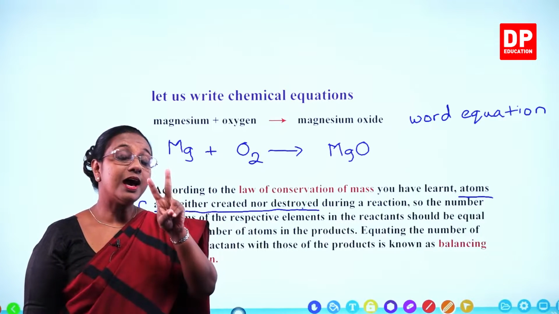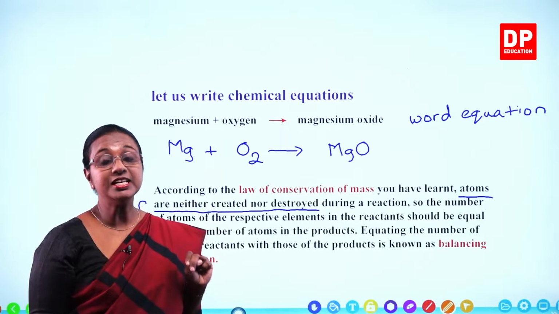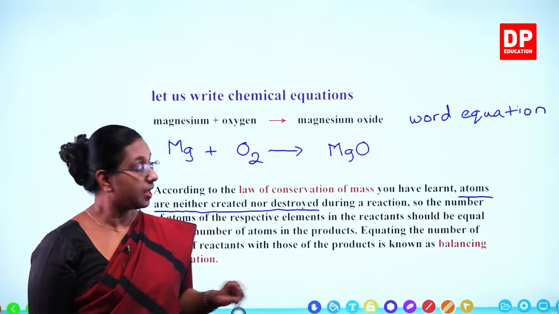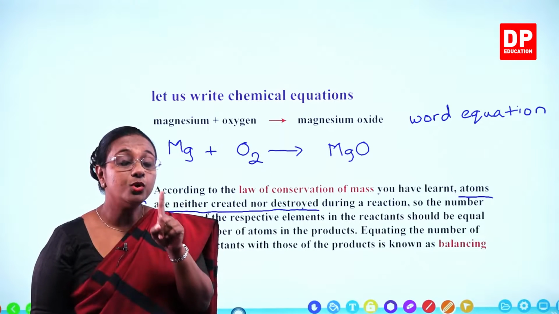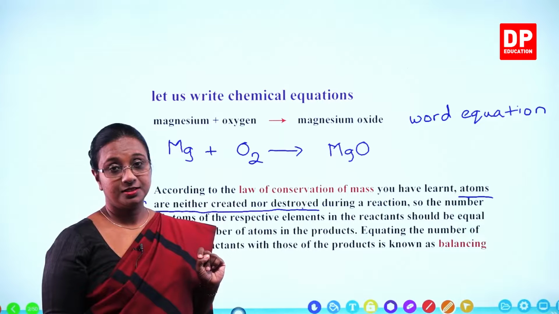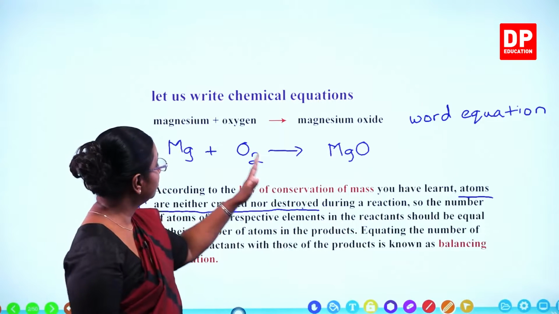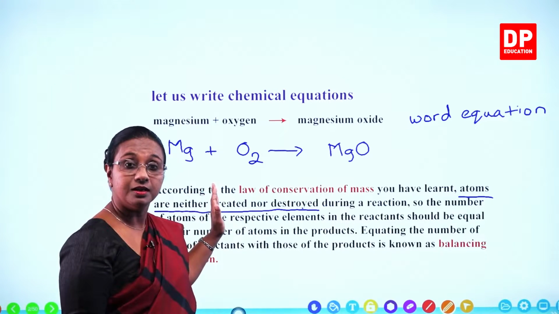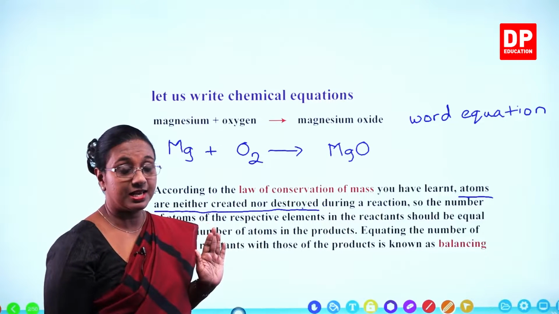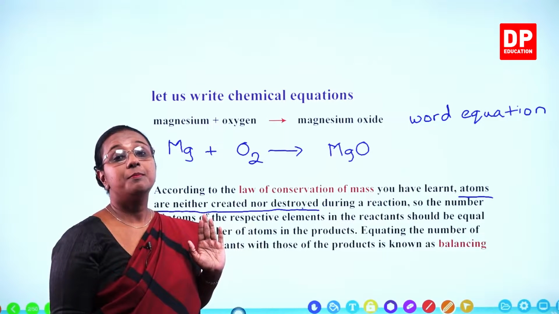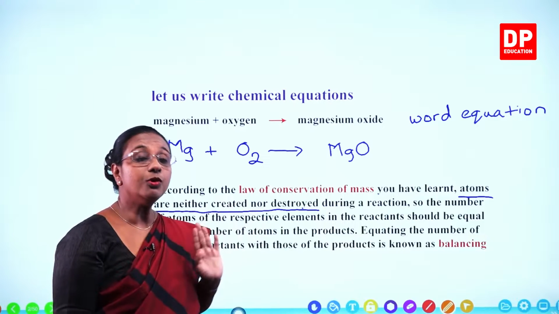O2 means there are two atoms of oxygen in one molecule. But if you take magnesium oxide, there is only one oxygen. So is it balanced? Two oxygen atoms on the reactant side, only one oxygen atom on the product side. So it's not balanced. So we need to balance it.